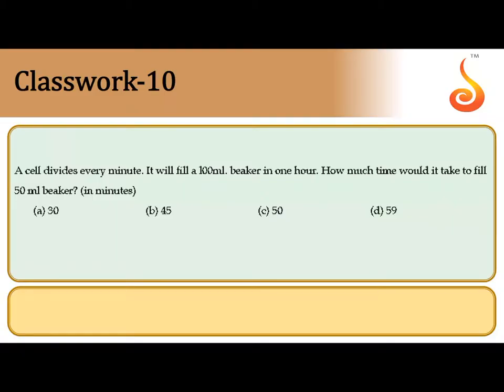A cell divides every minute. It will fill a 100 ml beaker in 1 hour. Now, what do you mean by a cell dividing every minute? You start with one cell. In 1 minute, it became 2 cells. Or if you have 2 cells, when was it 1 cell? 1 minute ago.